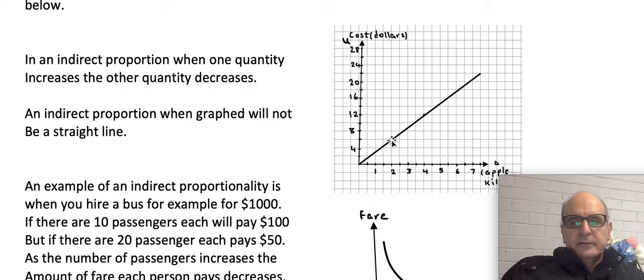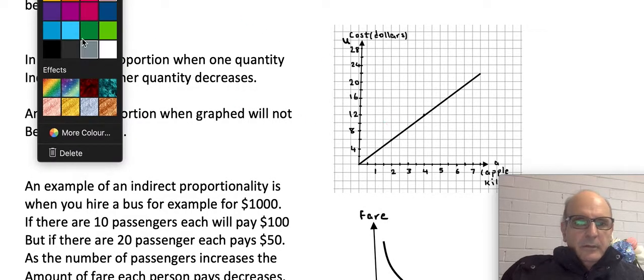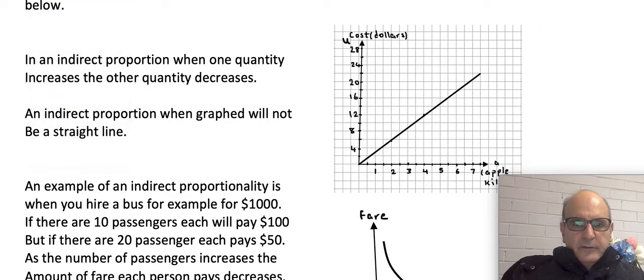So that is, for example, 1 point on your graph. So 2 kilogram means $6. So that's the point. 2 kilogram, $6. That's $4, that's $8, halfway between them is $6.